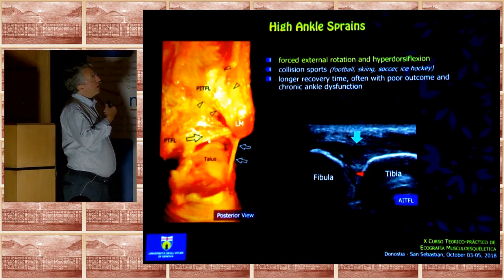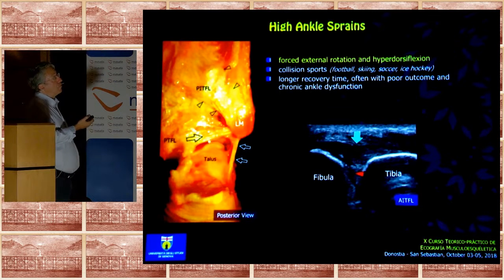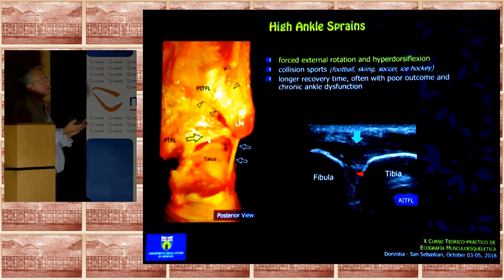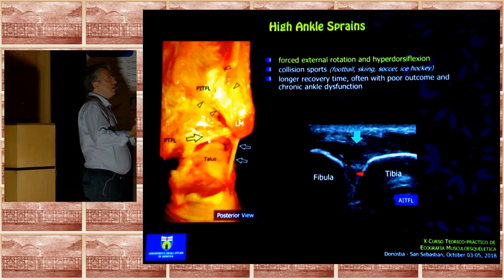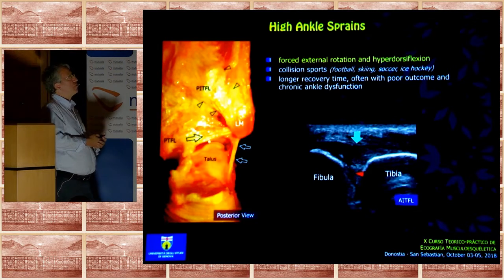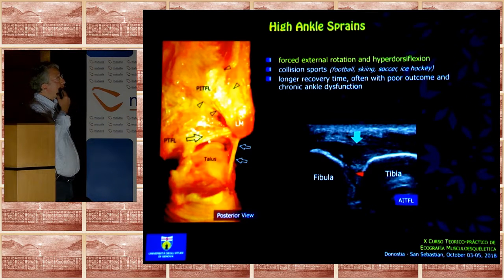Regarding the high ankle sprains, so the involvement of the syndesmosis as a whole, not just the Basset fascicle, but also the ligament in itself, the anterior-inferior tibiofibular ligament. Remember that this kind of injury, in general, derives from a specific biomechanism like a forced external rotation and hyperdorsiflexion.